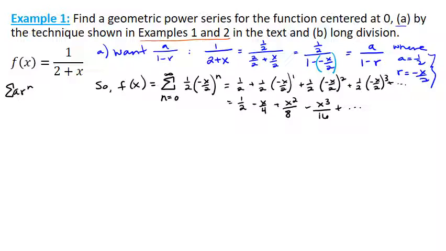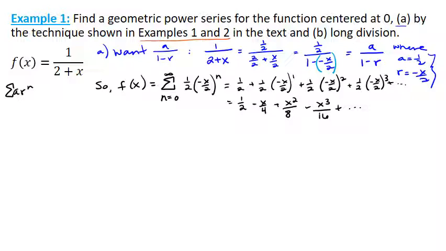Okay, now the reason I wrote this out is because this might be helpful for part B. So now that we have this, we are interested in finding our interval of convergence.